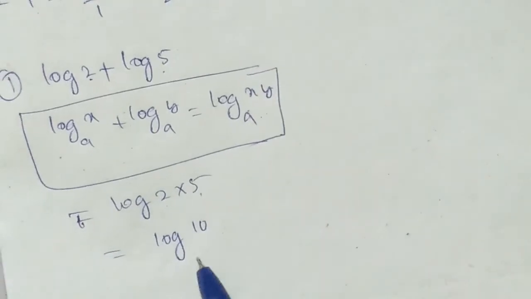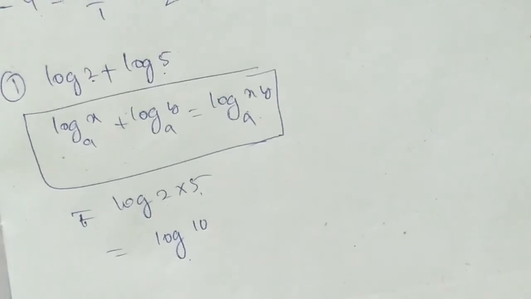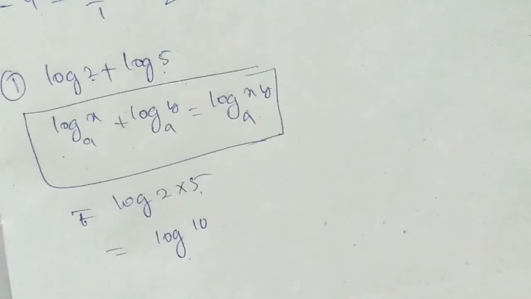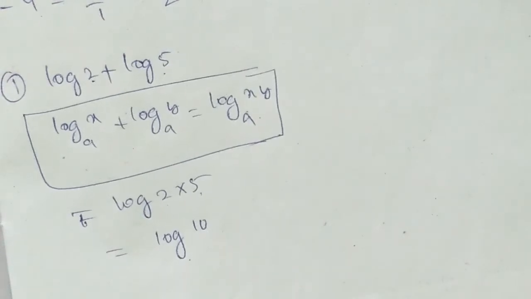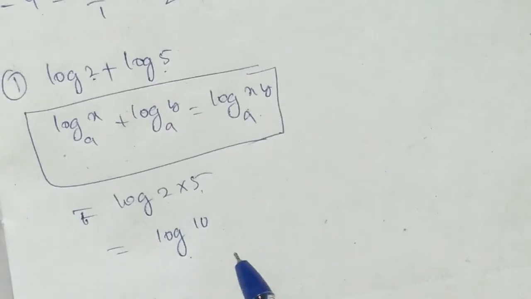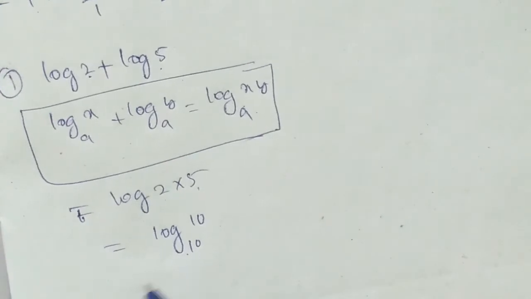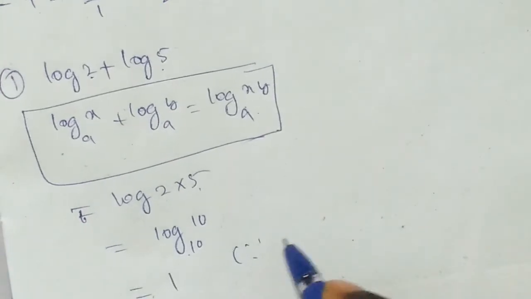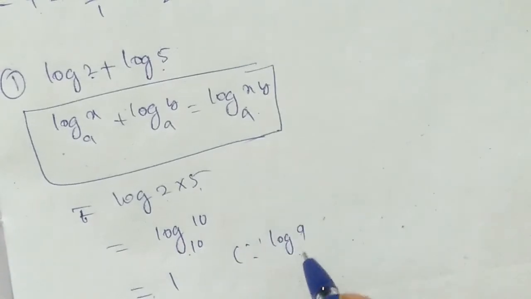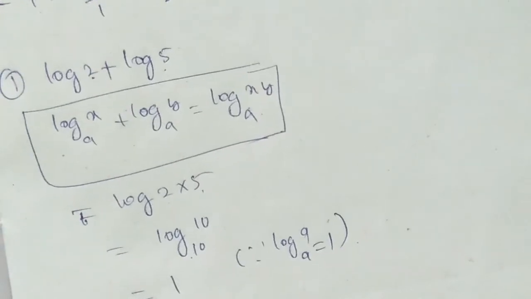Here it does not give the base of the log. If the base is not given, we consider the base as 10. Once again, if the base is not given, we consider the base as 10. So I am going to write 10 here. We know that formula, its value is equal to 1, because log a base a is equal to 1. So this is the value of the log.